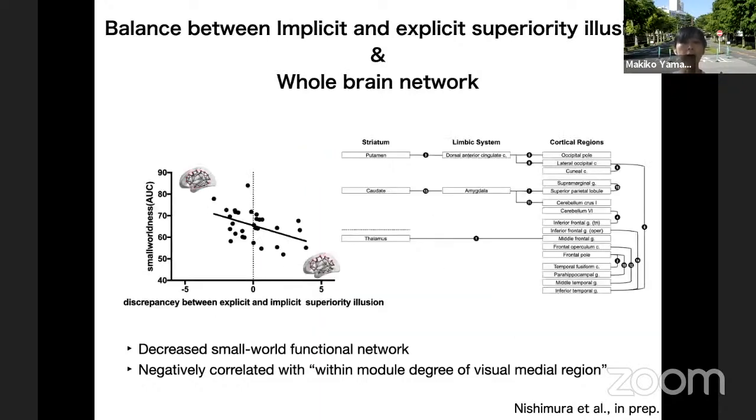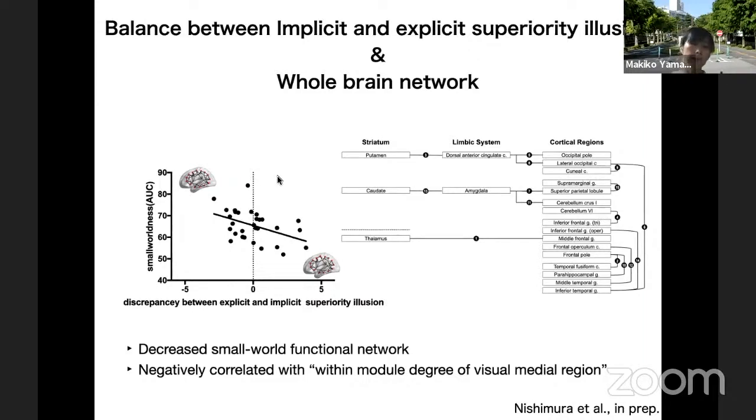And going back to the findings obtained from the machine learning study, we actually found that cortical regions such as the occipital pole, occipital cortex, and cingulate cortex are associated with superiority illusion.